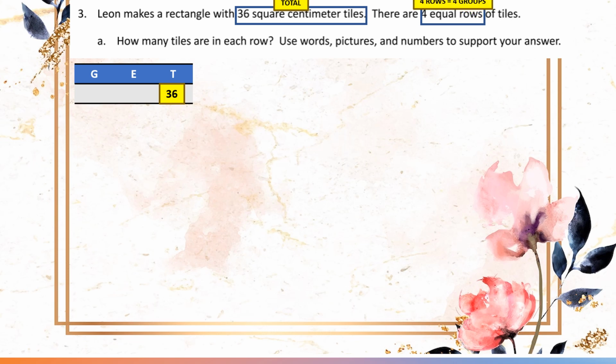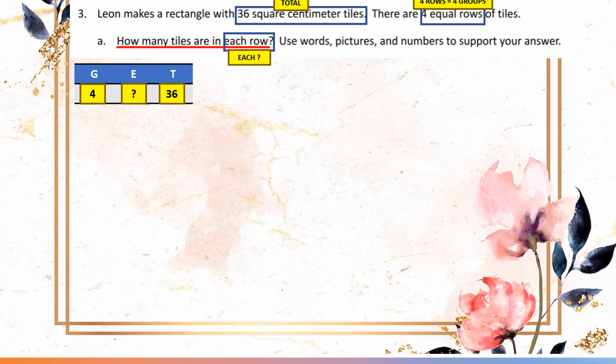Rows mean groups. So if there are 4 rows, there are 4 groups. Then it asks, how many tiles are in each row? So that means we don't know our each. So I'm going to write a question mark under my E for each.